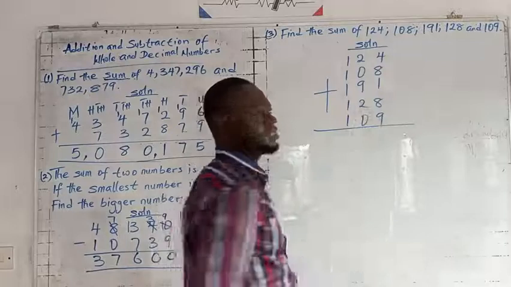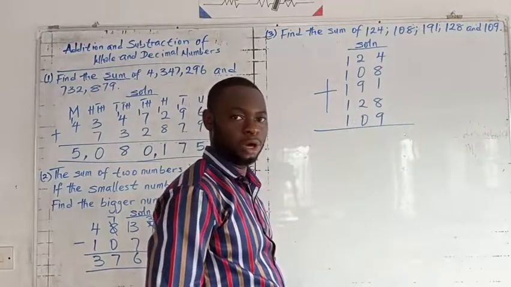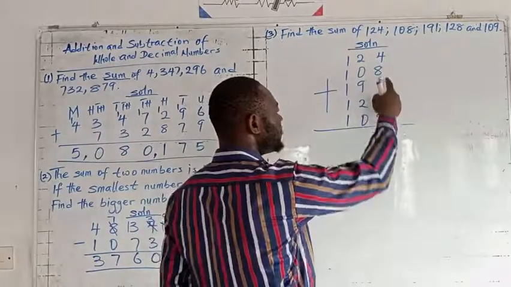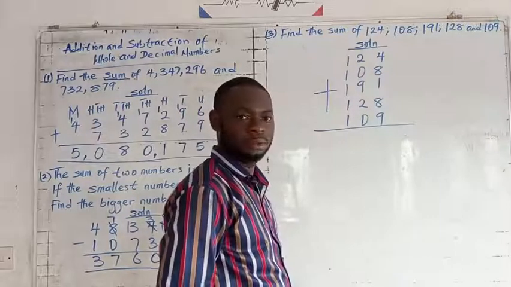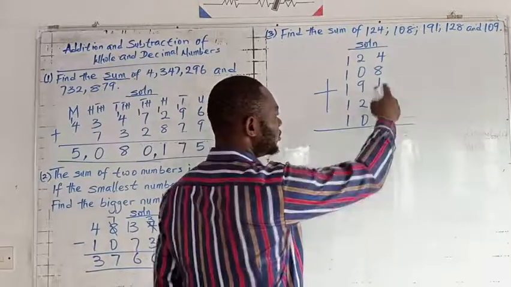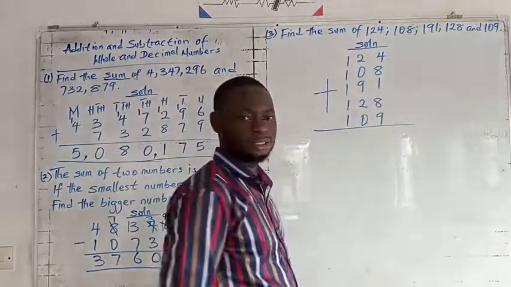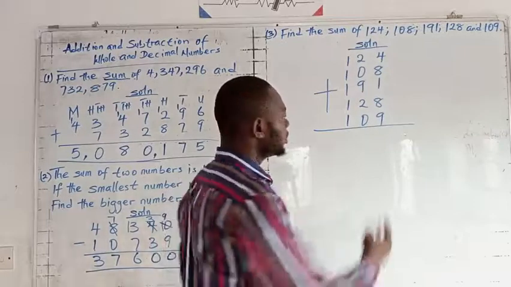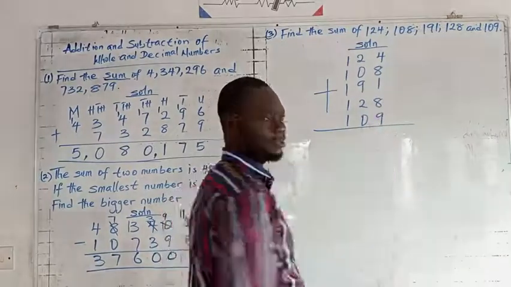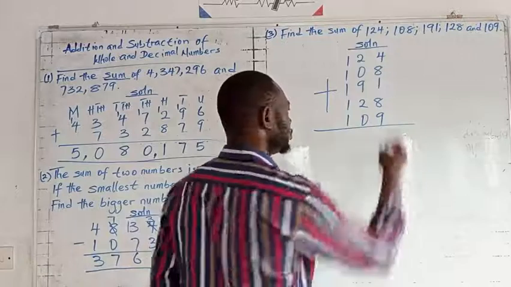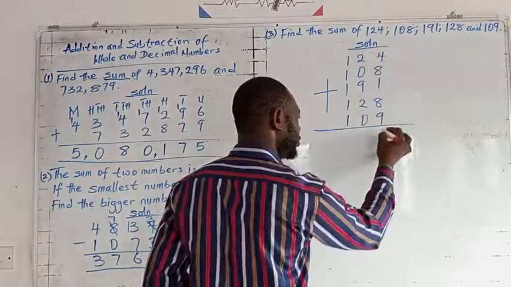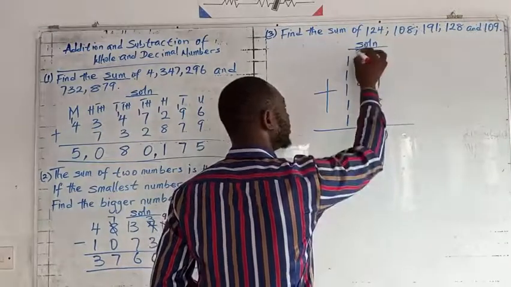4 plus 8, 12. 12 plus 1, 13. 13 plus 8, 21. 21 plus 9, 30. So since here is 30, we write 0 and carry 3.